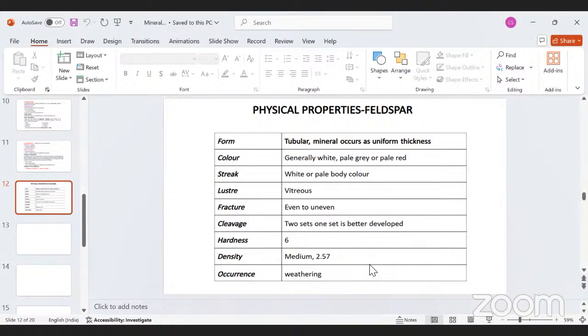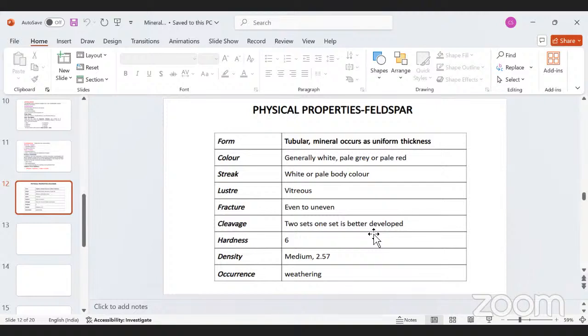In any mineral group, we study these physical characteristics, and definitely we should also write the chemical composition. Okay, these are the properties. Now I'm stopping here.